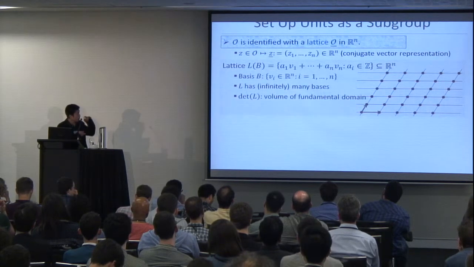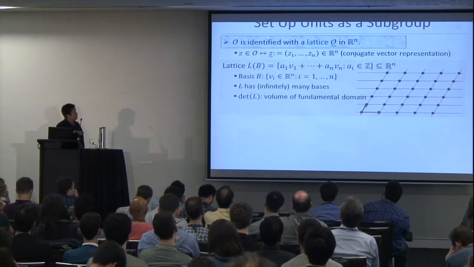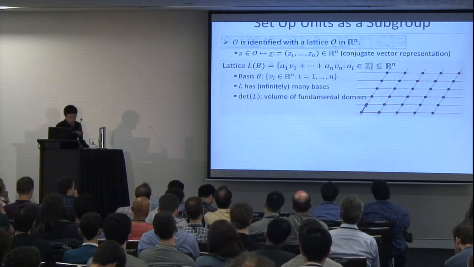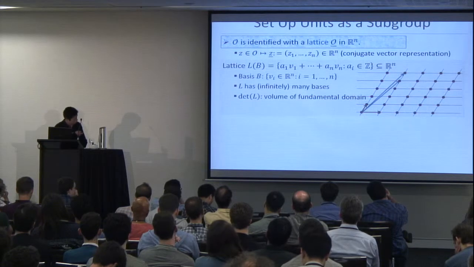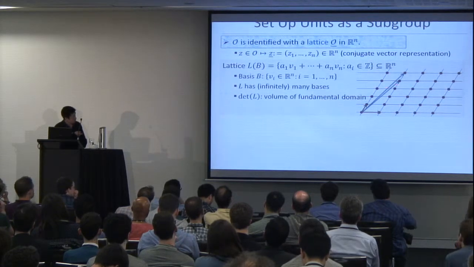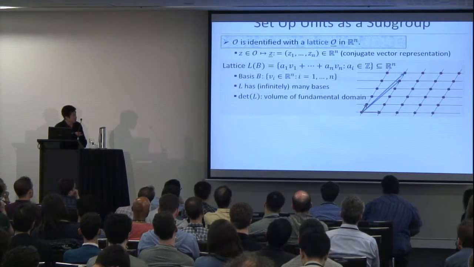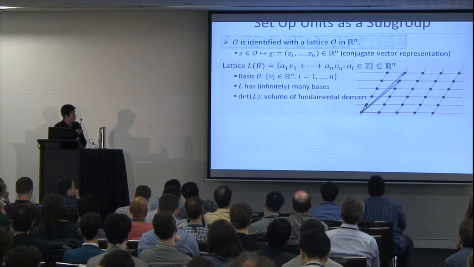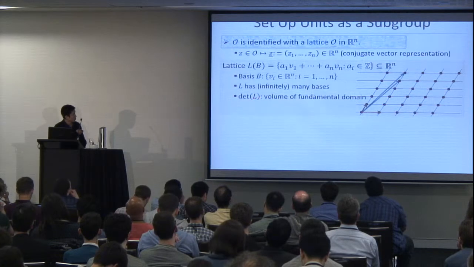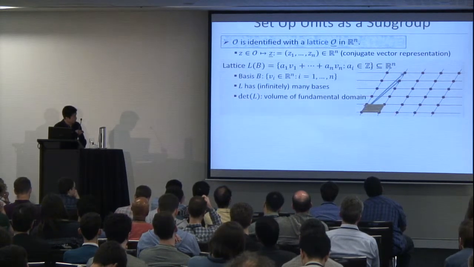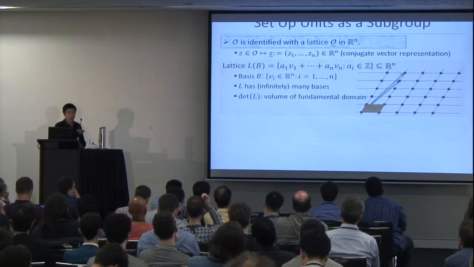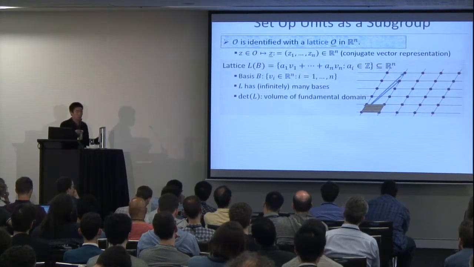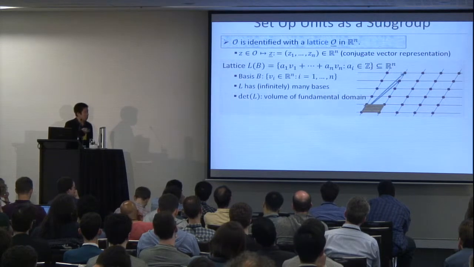One fact worth mentioning is that a lattice has infinitely many bases. For example, these 2 blue vectors also form a valid basis for this lattice. And sometimes we're interested in the determinant of the lattice, which is basically the volume of the fundamental domain. This is pretty much what we need to know about lattices in this talk.